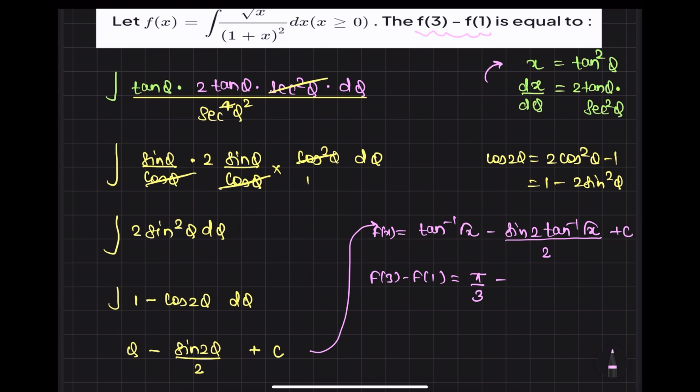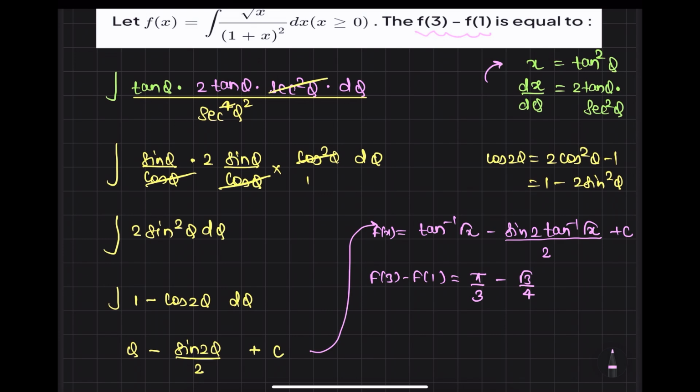Sine 120 is again sine 60, so root 3 by 2. That is 180 minus 60, and since you are using sine, no change, you will fall in the second quadrant, so it will be positive. So it is root 3 by 2 and additional 2, so it is root 3 by 4.